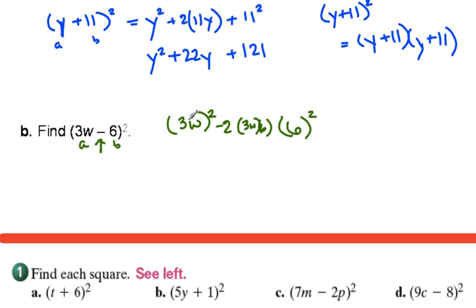All right, so 3w squared, 3 squared is 9, w squared is w squared, 2 times 3 is 6, 6 times 6 is 36, so we would have negative 36w, 6 squared is 36, and you are done.